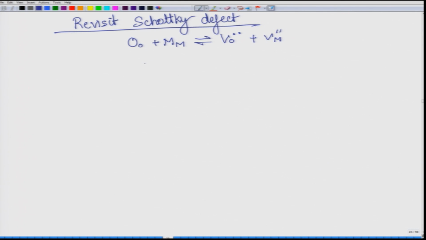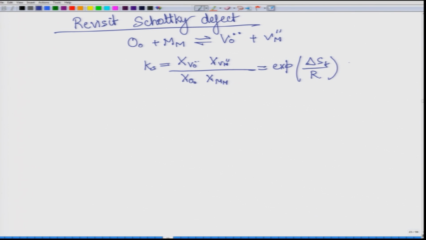So this equilibrium constant Ks is equal to x VO dot dot times x VM double prime, divided by x O at O times x M at M, and this we know is equal to the thermodynamic quantity, exp of delta SF by R times exp of minus delta HF of the Schottky defect.